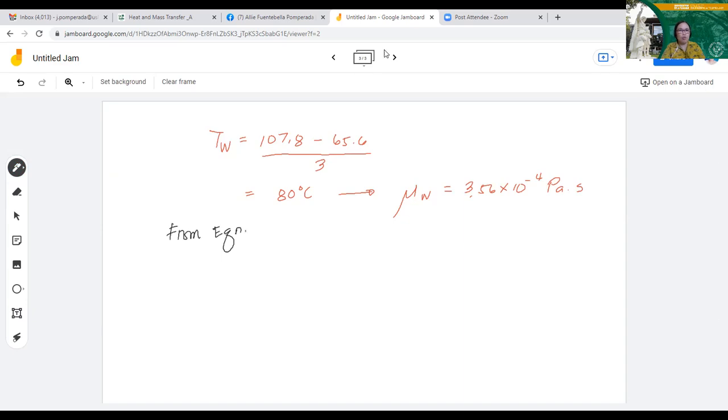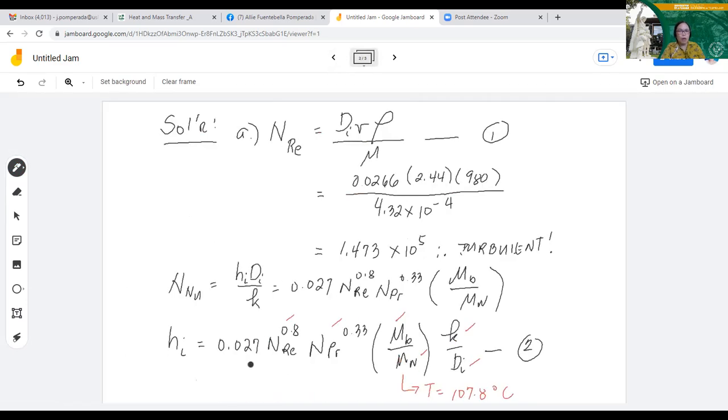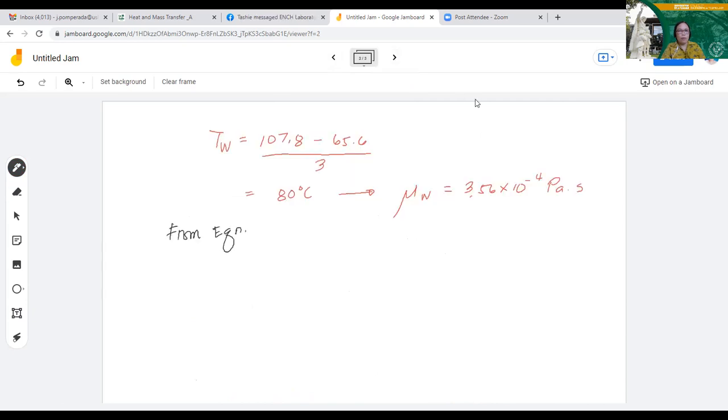Anyway, I have shown you the formula already. So this is our equation 2. If we substitute all the values that I have shown as well, you will be getting this H sub I value.